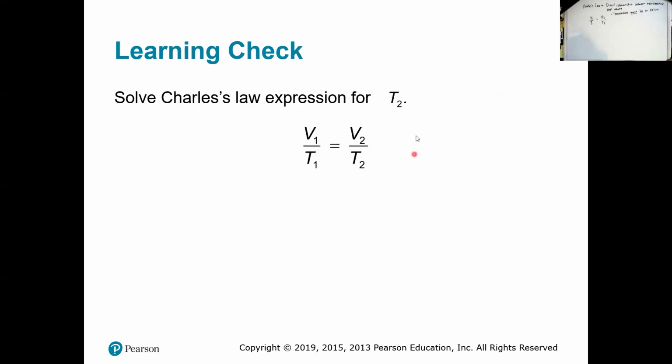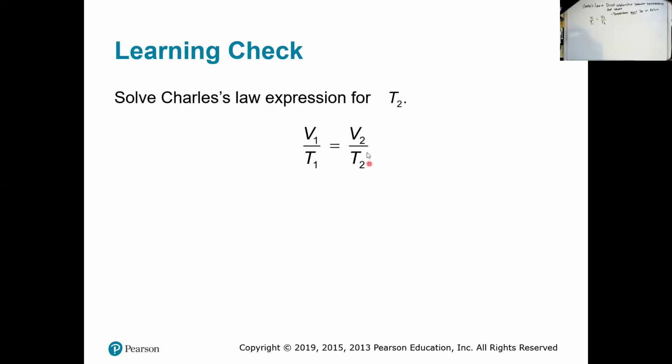Let's take a second to solve Charles' law for T2. In the example that they showed us, they solved for V2, but we'll solve for T2. That means that we have to have T2 on its own side with everything else on the other side. And T2 also has to be in the numerator spot when we're done.